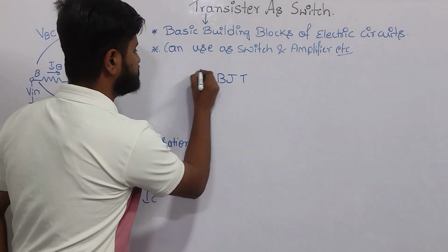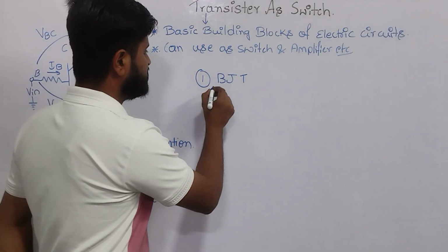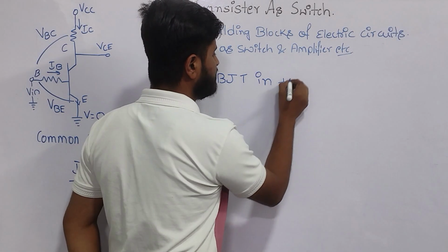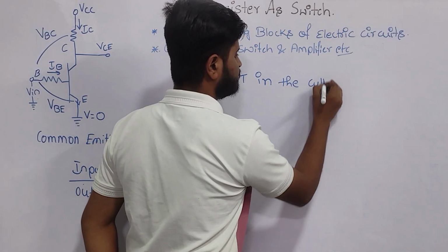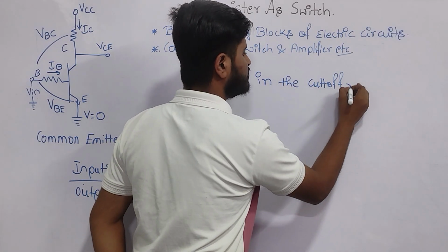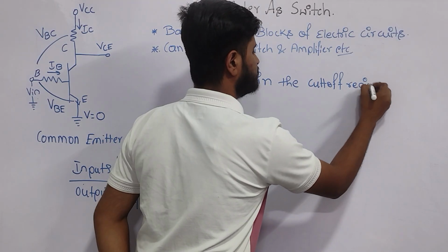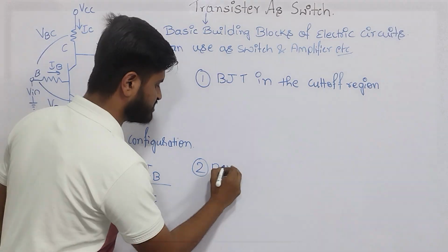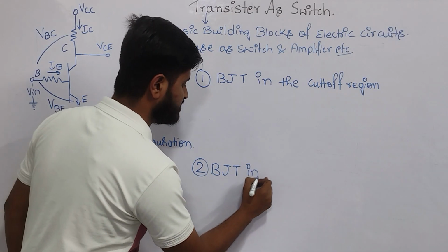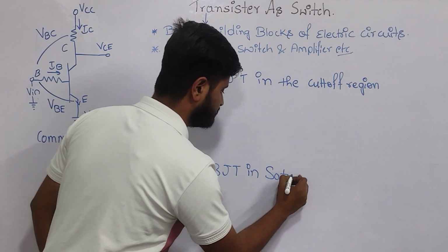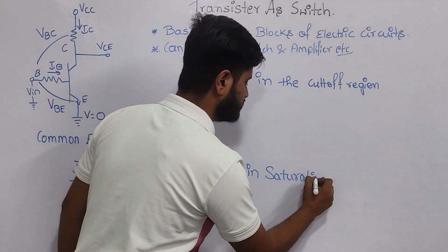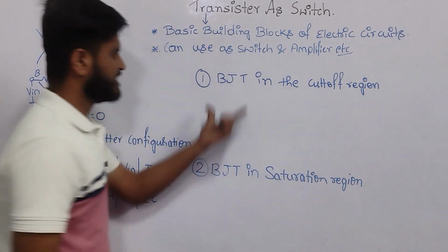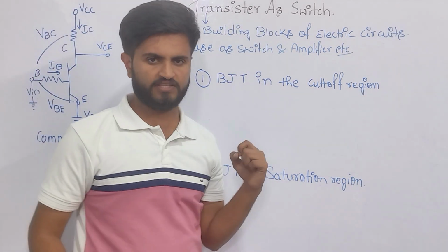The first scenario is when the BJT, that is the bipolar junction transistor, is in the cutoff region. The next one is when the BJT is in the saturation region. So now let's start with the BJT in the cutoff region.